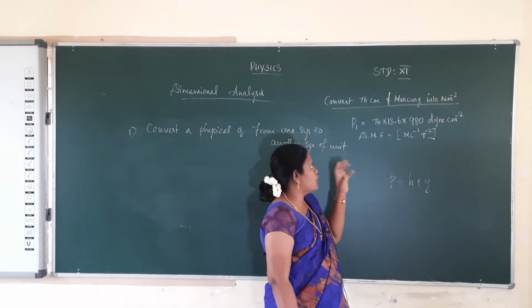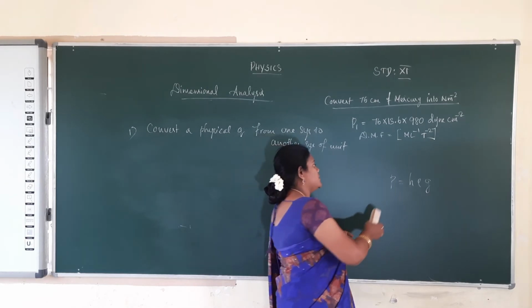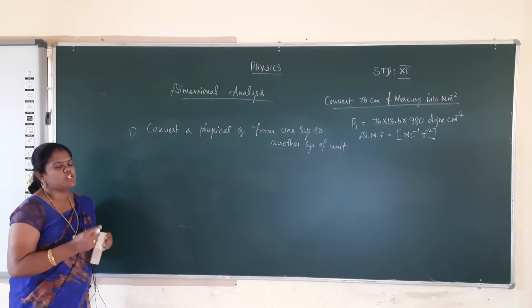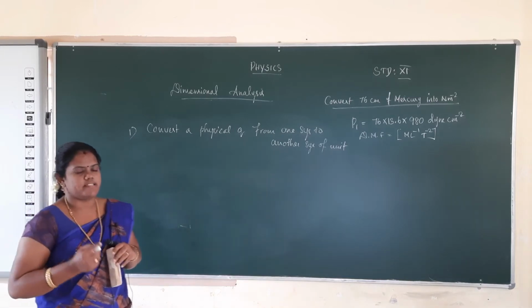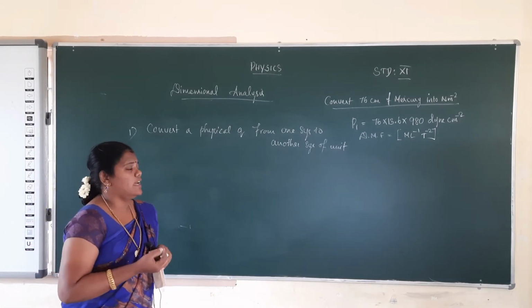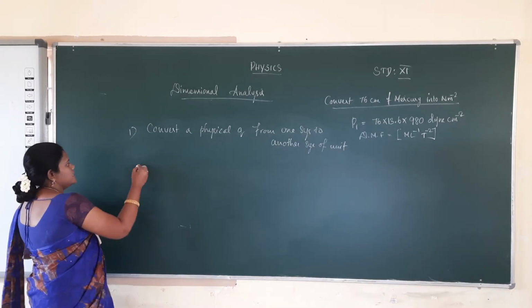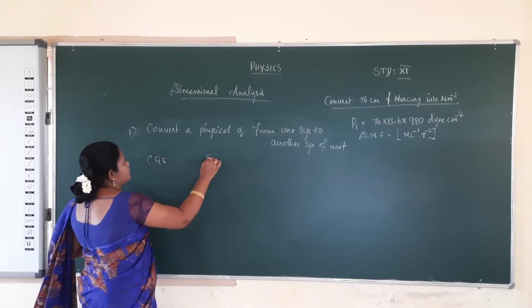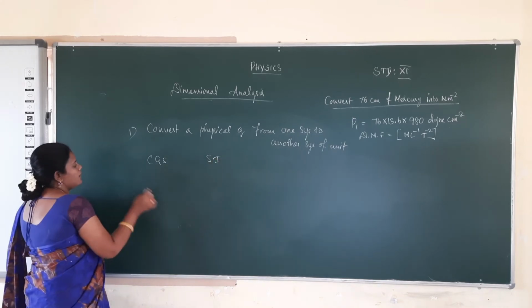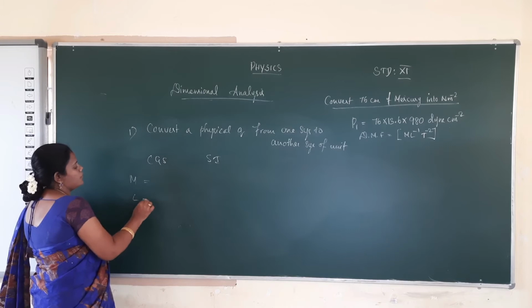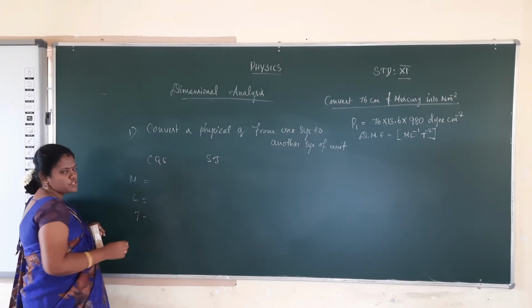That is the dimension formula for pressure. Now we will easily calculate. First we have to mention the dimensional formula on both sides, and then the powers a, b, c will also be noted down. So first in the CGS system and SI system you take. Okay, so we want mass, length, time. In the CGS system how will you mention, and in the SI system how will you mention?